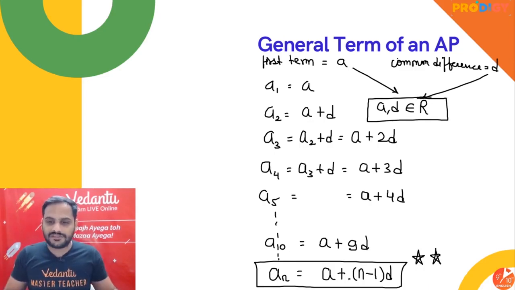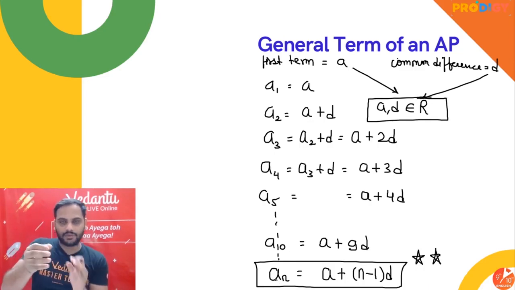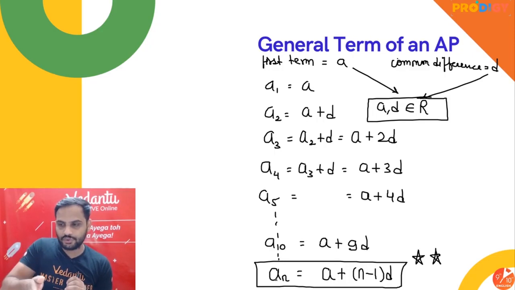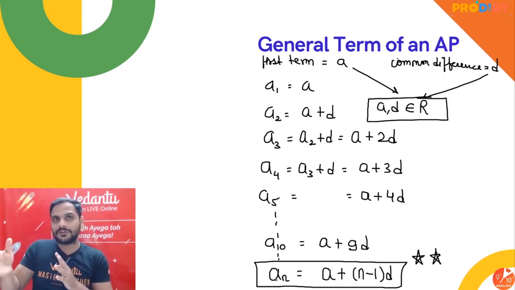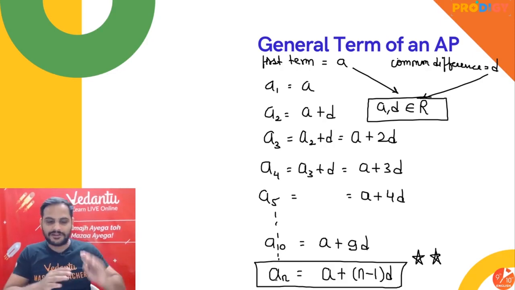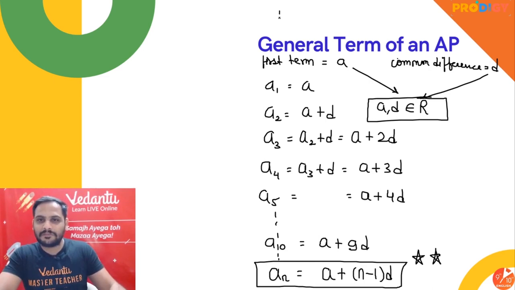But you can see this n is telling you at which place the term will come. If n is 1, it is first term. If n is 2, it is second term. If n is 3, it is third term. Now, we cannot say that there is 10.5 term, half term, negative term. So remember, n belongs to natural number. That is very important.